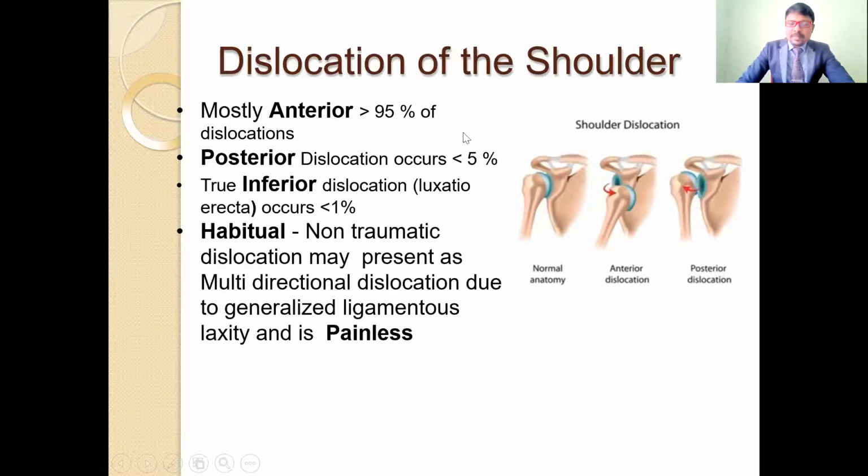Some people may chance to get dislocations because of habitual dislocations. Habitual means those who have ligament laxity. Intentionally, while playing or something, they dislocate their shoulder. This is a non-traumatic dislocation that may present as multi-directional dislocations due to generalized ligament laxity, and it is also painless.